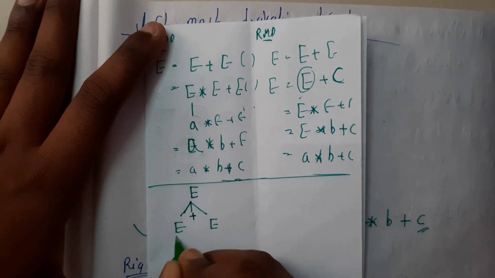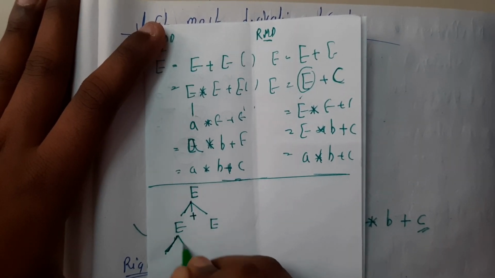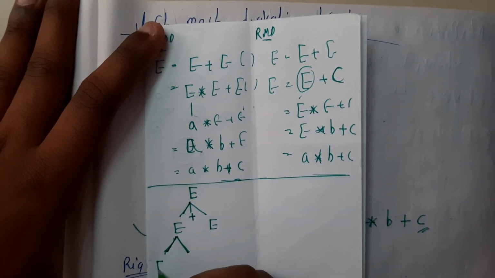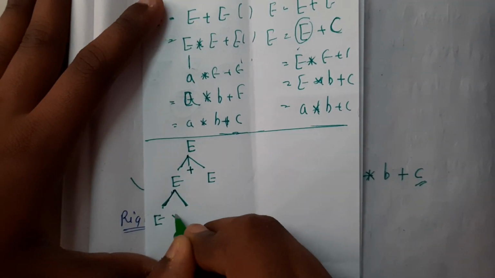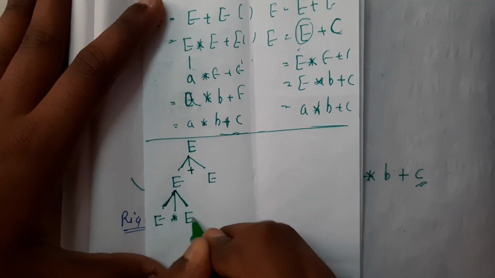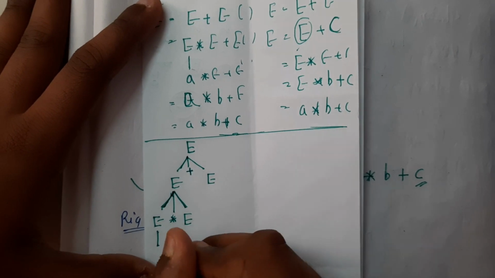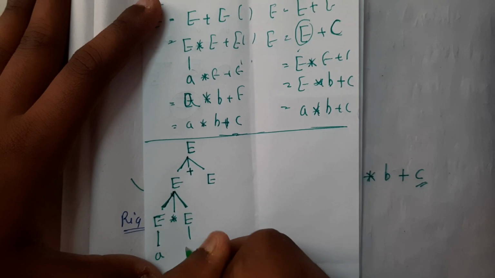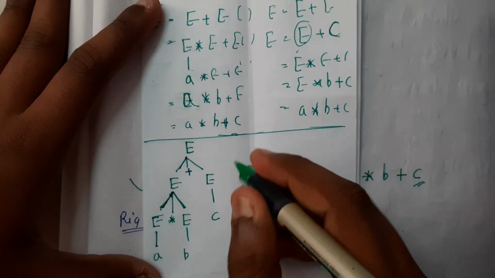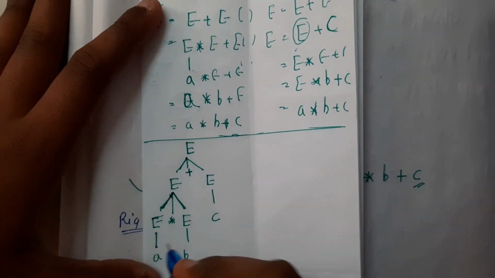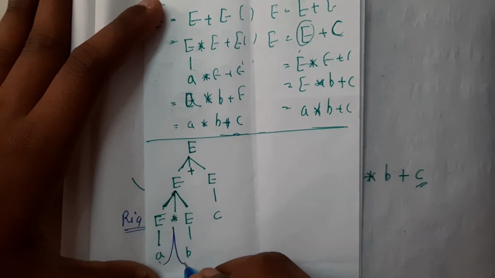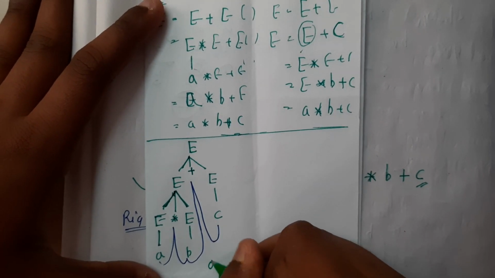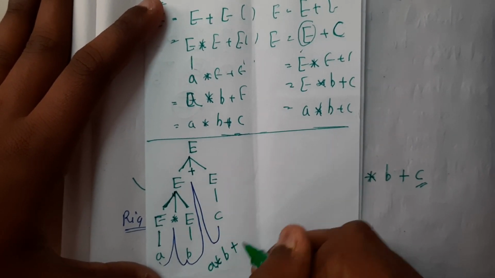For the first E, you divided it into E into E. After that you divided these E's as A, B, and this as C. If you observe carefully from left to right, you'll get the exact equation: A into B plus C.